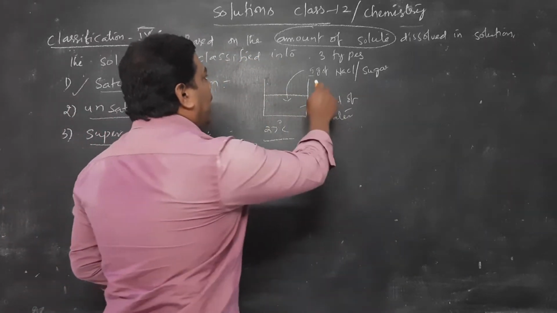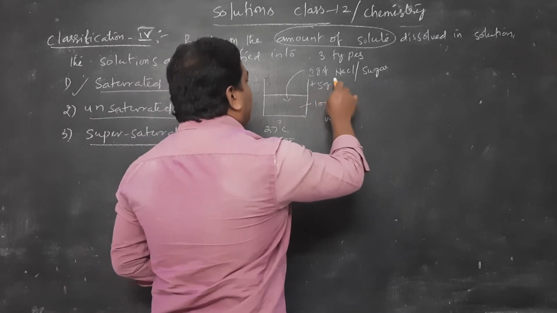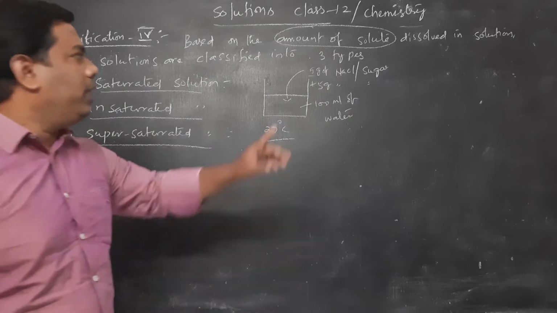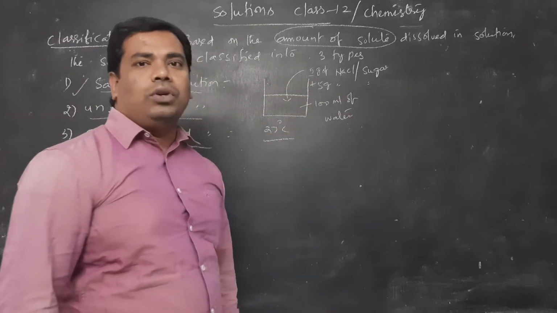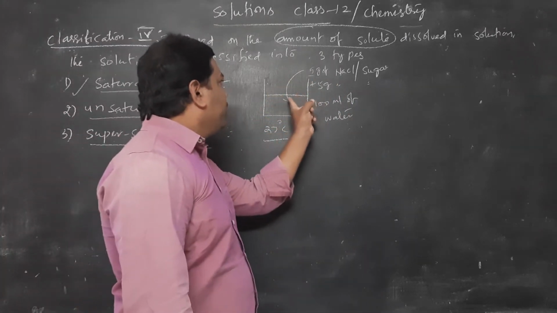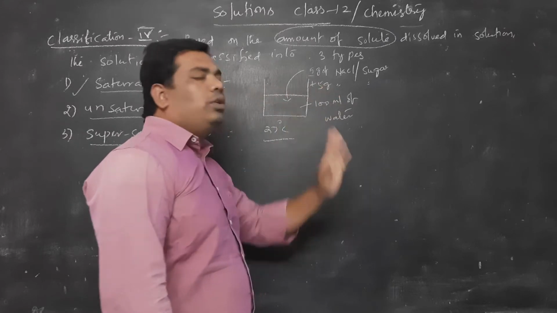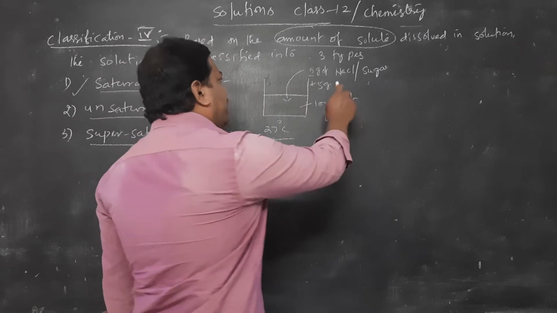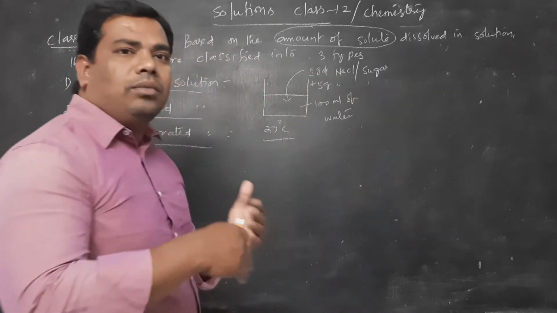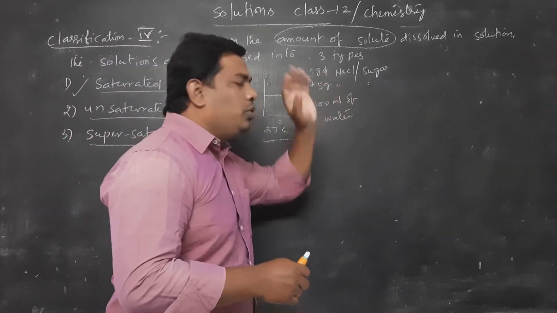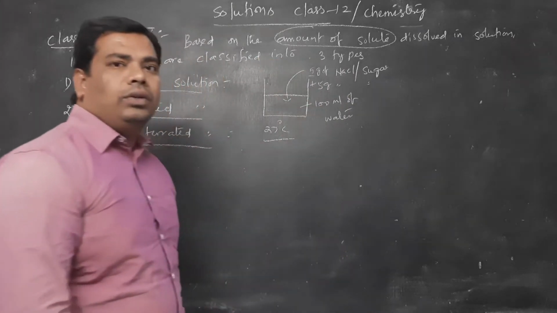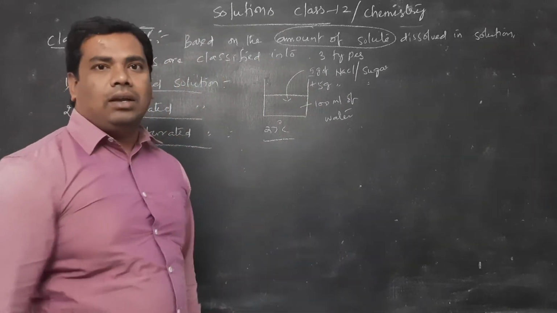Then you can add some more sodium chloride or sugar, and it dissolves again. At a certain point, no more solute can dissolve.